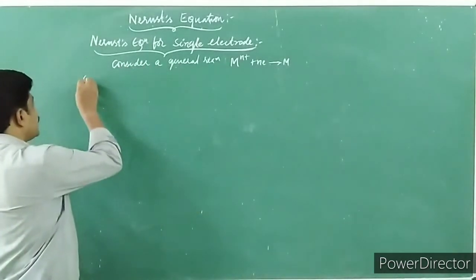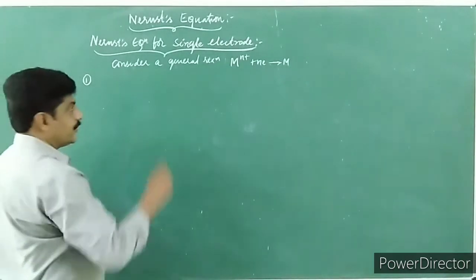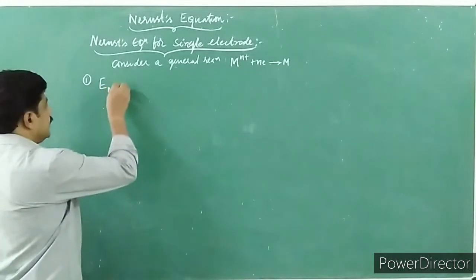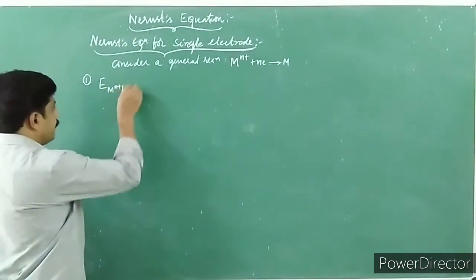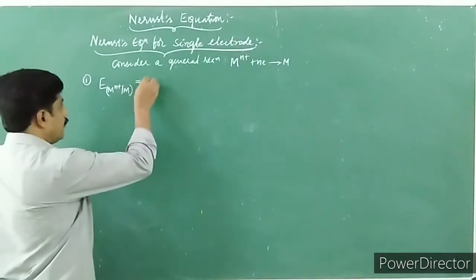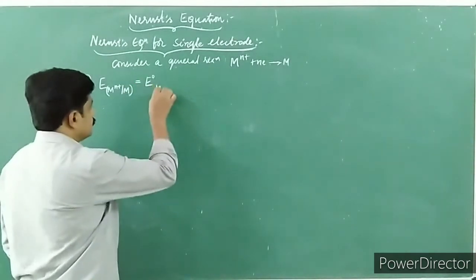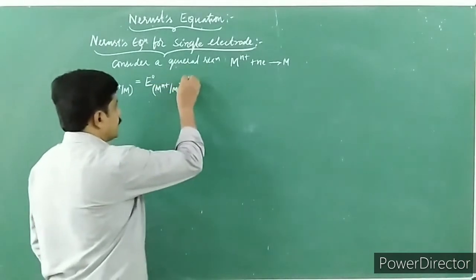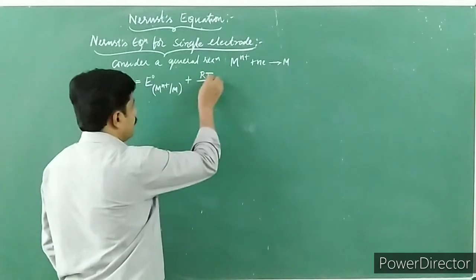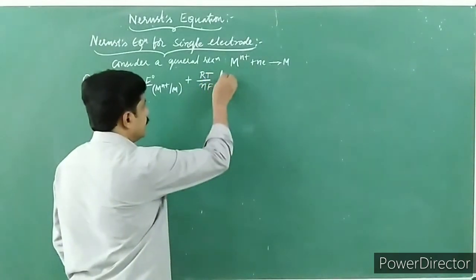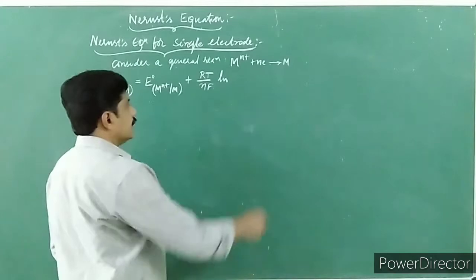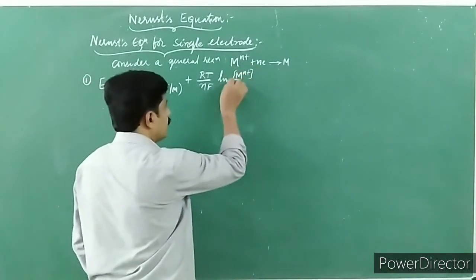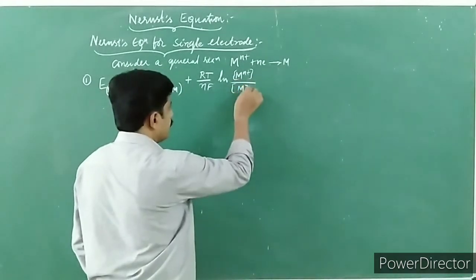First method of writing the Nernst equation: E Mn+|M is equal to E naught Mn+|M plus RT by nF into ln, natural logarithm, of molar concentration of Mn+ ions upon concentration of metal.